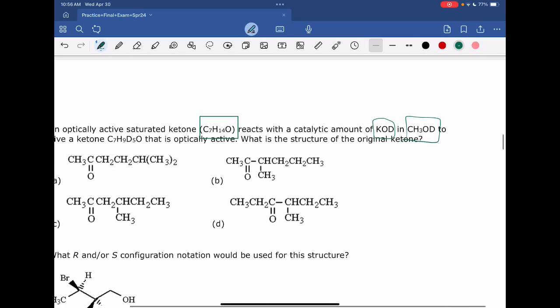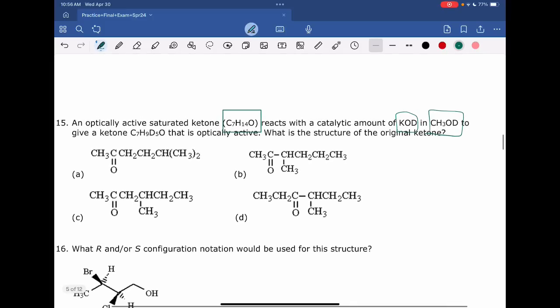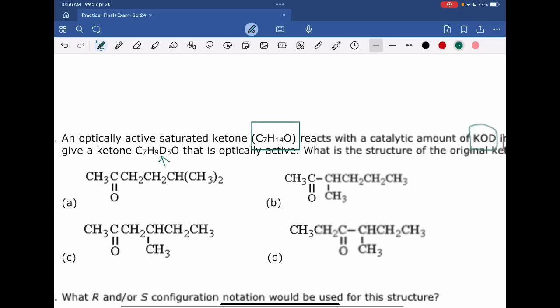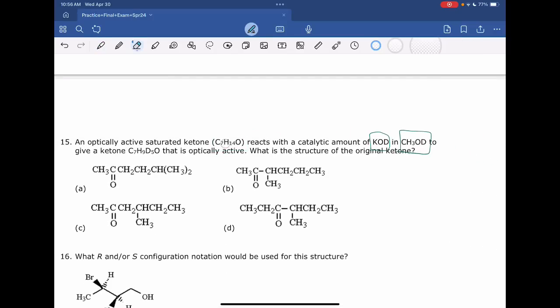That's an important detail. And that when the reaction is over, you exchanged 5 of those H's for deuteriums, because you have 5 D's here. So you had 14 H's in the beginning, and now you still have 14 H's, but 5 of them are D's. So where have you ever seen that before?